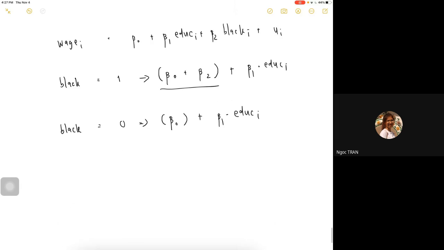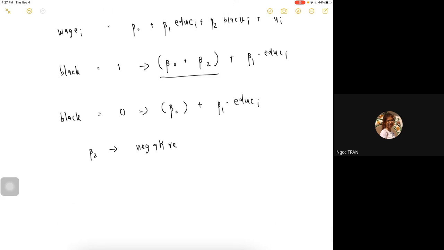And from our result, beta 2 here is negative. Beta 0 is equal to roughly 241, and beta 1 here is equal to 55, and then beta 2 is equal to 189.